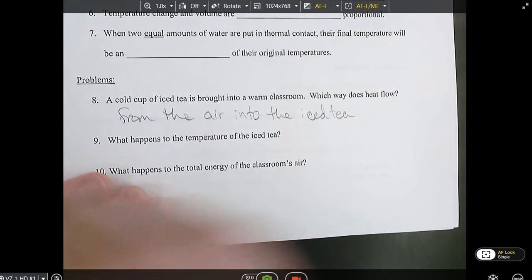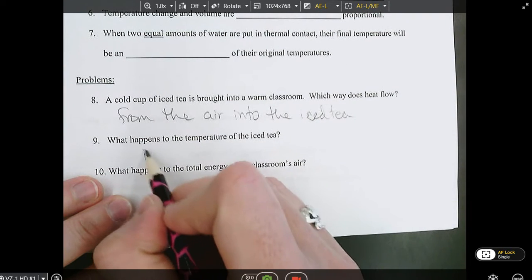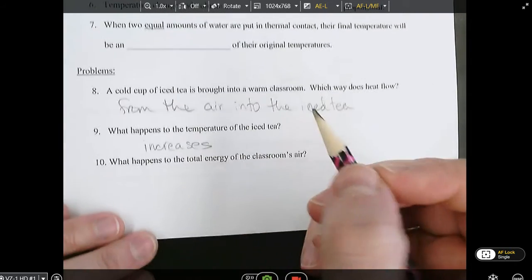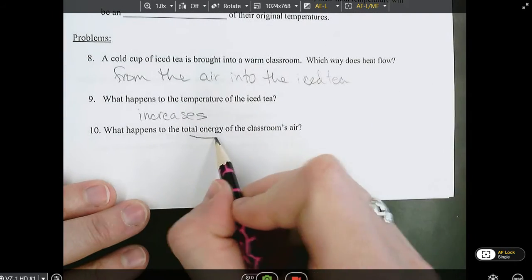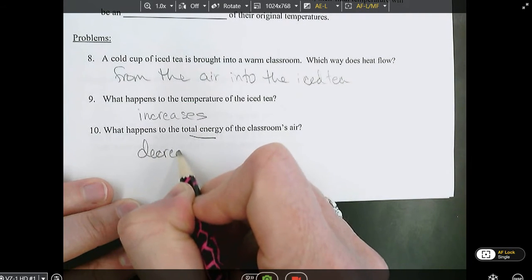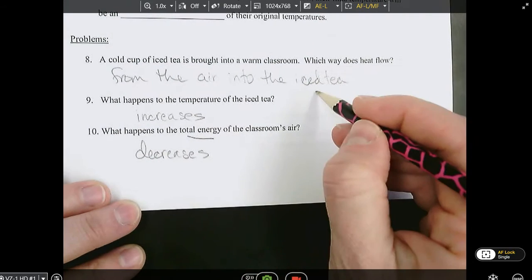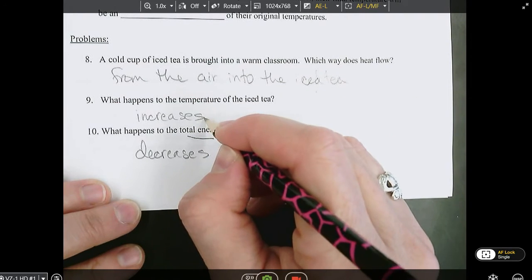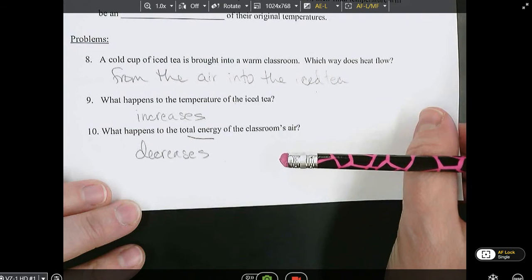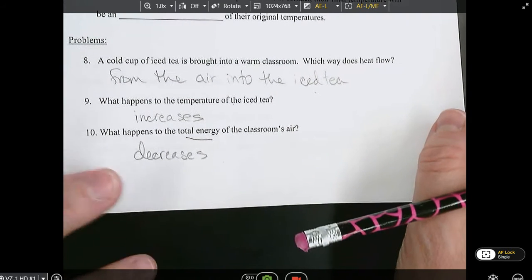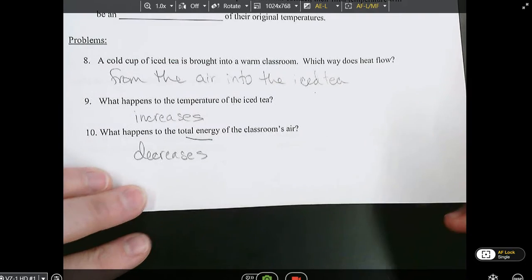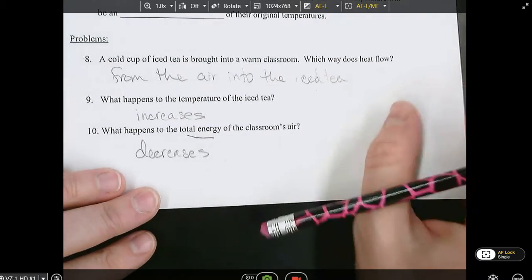What happens to the temperature of the iced tea? It increases. What happens to the total energy of the classroom's air? Well, it actually decreases, because that heat has flowed from the air into the tea. Now, has it decreased a lot? Probably not, because iced tea is probably a very small amount, but it has decreased.